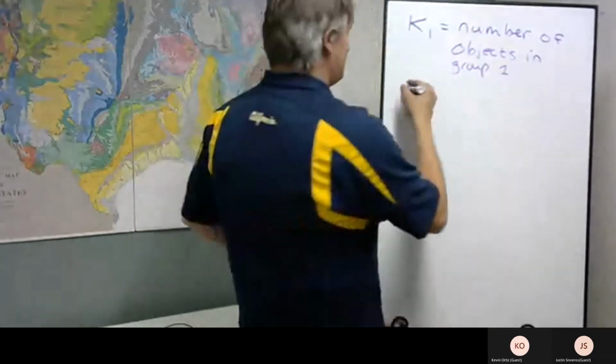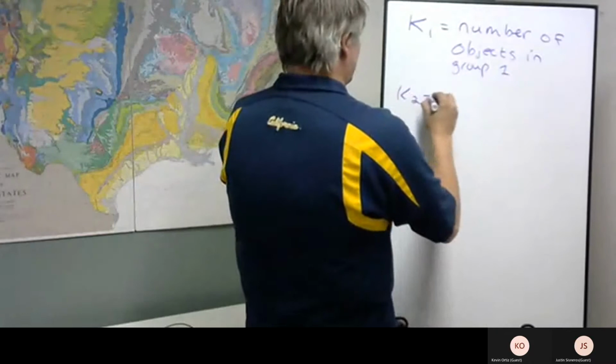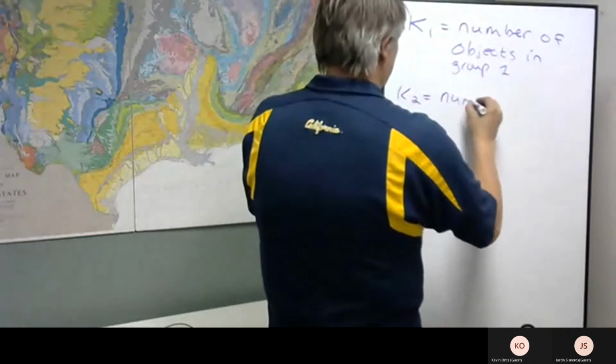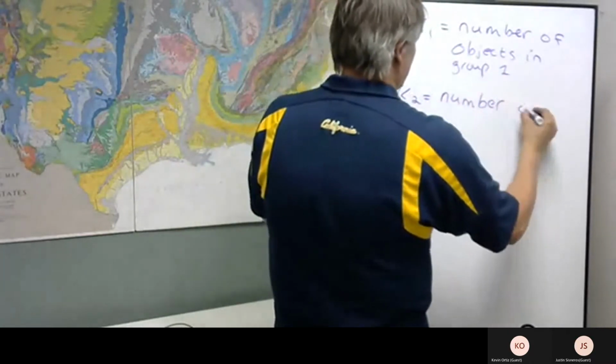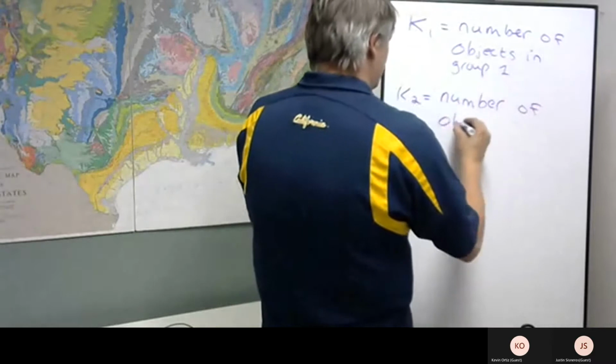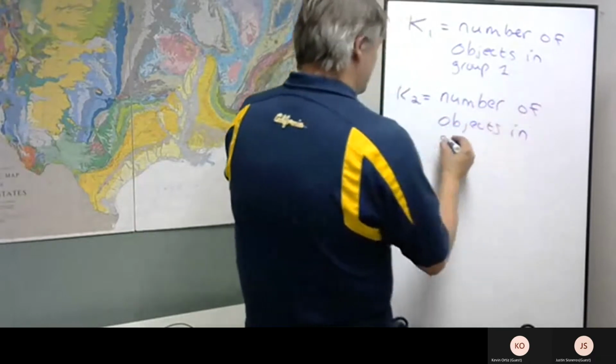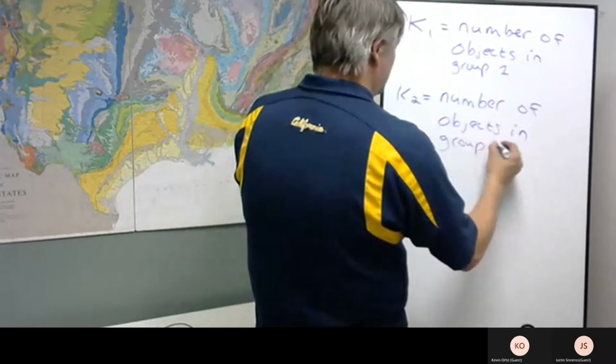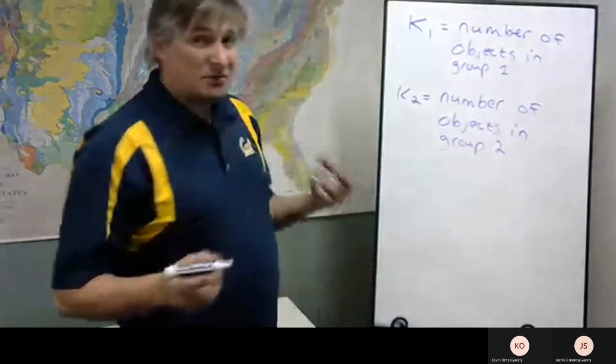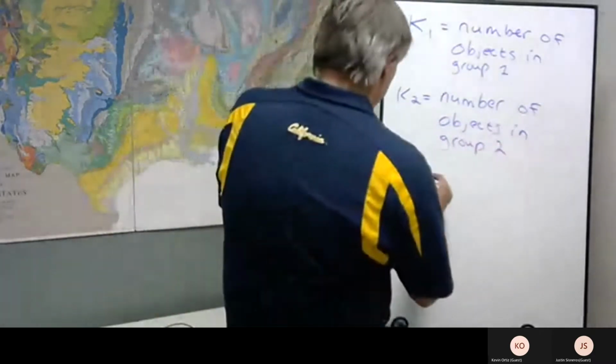And let K2 equal the number of objects in group 2. And so on and so on.